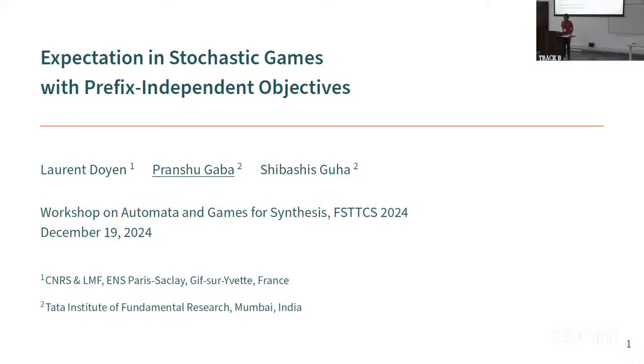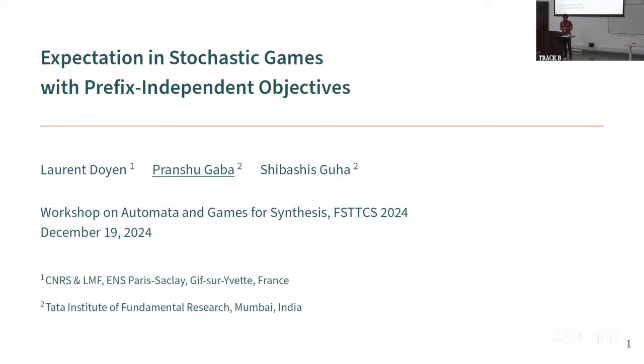So this is a continuation of the previous talk by Shivashish. In the previous talk, we looked at a satisfaction version of the problem. We were given an objective, the window mean payoff objective, and we wanted to determine if player one can satisfy this objective with probability 1, or with some positive probability, or with some arbitrary probability between 0 and 1.